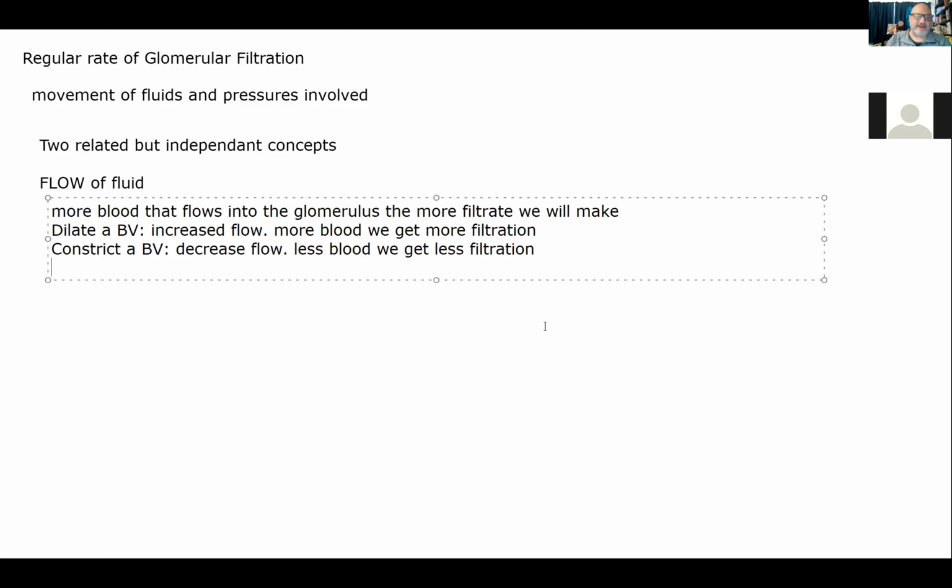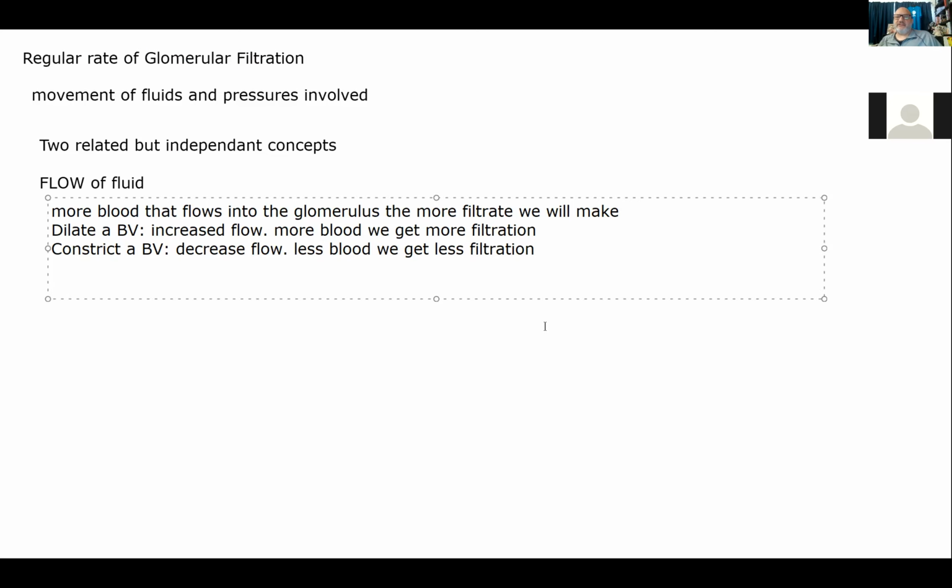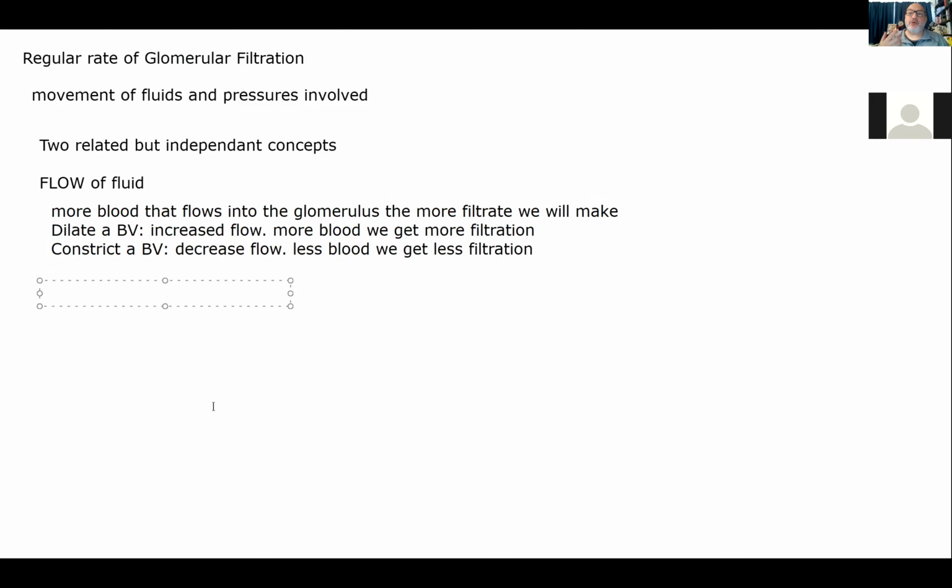That part is easy. But here's the problem with this. When we change the diameter of the blood vessel, not only do we change the flow of the blood, the amount of blood that flows in there, but we also change the pressure of the fluid, of the blood, right?